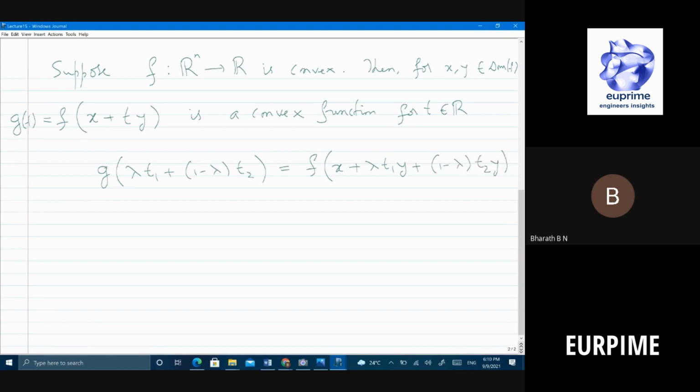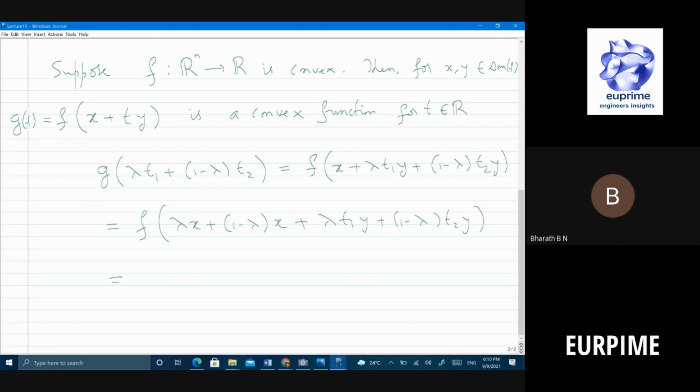Now x I can write as lambda x plus 1 minus lambda x. The convex combination of x and x is x itself. So this will be f of lambda x plus 1 minus lambda x plus lambda t1y plus 1 minus lambda t2y. Simple algebra.